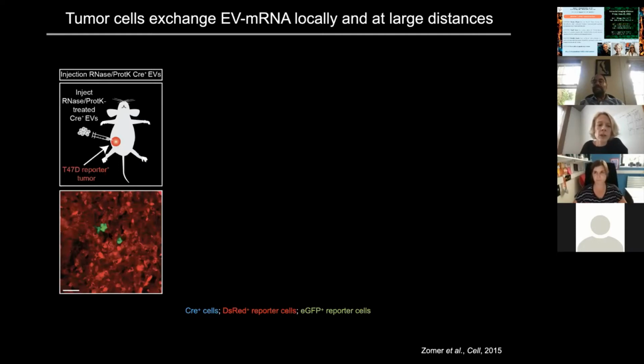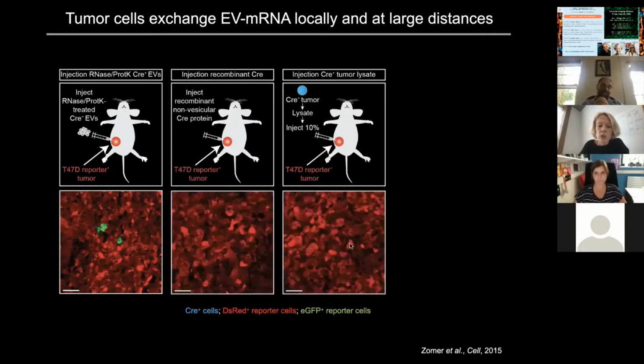And indeed, we observed the appearance of GFP positive cells, which was not the case when we either injected non-vesicular recombinant CRE protein or when we injected lysates from CRE positive tumors, really indicating that our method reports the uptake of extracellular vesicles from CRE positive cells.